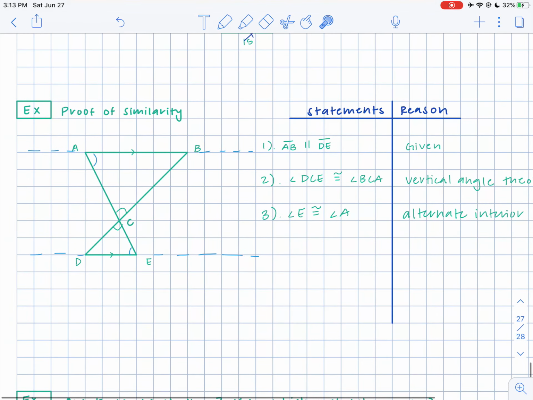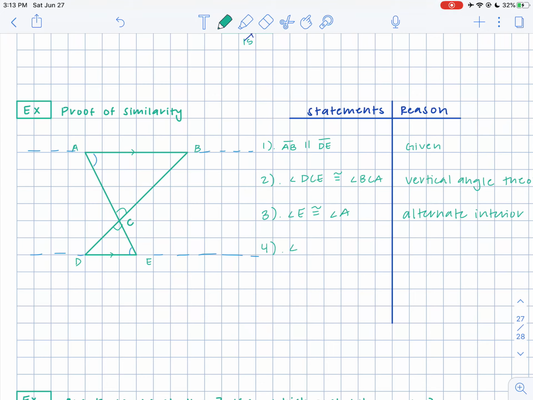Okay? Now can we conclude similarity? Well, you see two angles of one triangle that are congruent to two other angles in another triangle. And remember, that is actually the angle-angle similarity postulate.